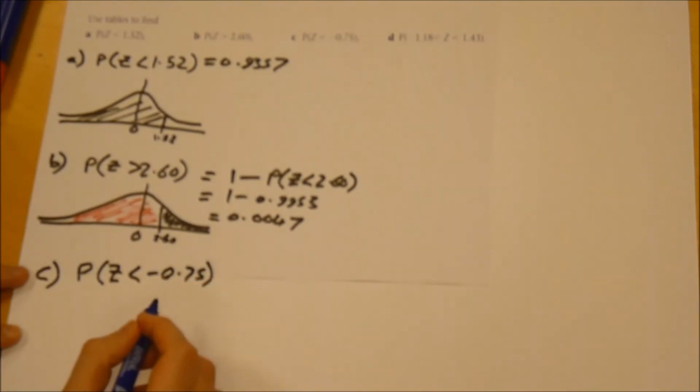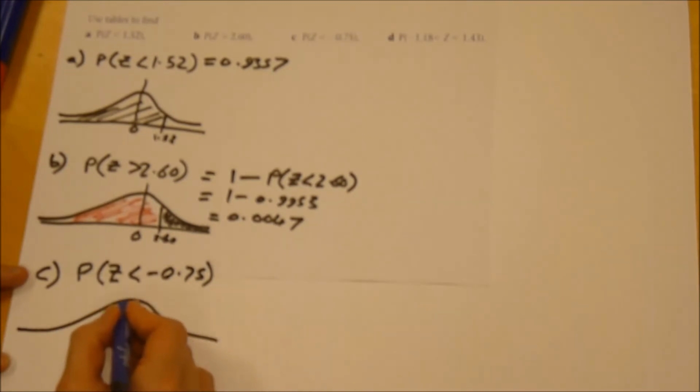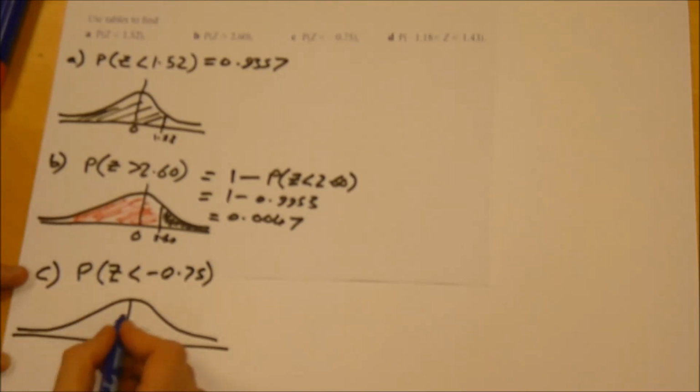Alright, now if I draw my sketch, I've got 0. Well, not minus, so it'll be on the left hand side. So somewhere down here I've got minus 0.75, and it wants the probability that Z is less than that.